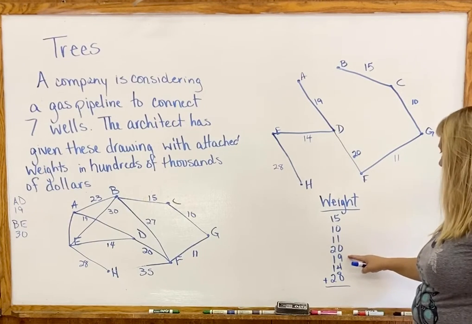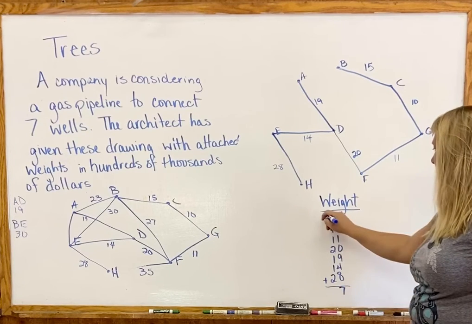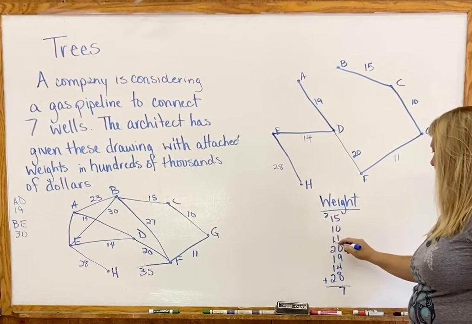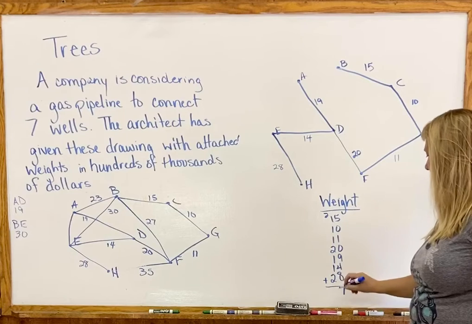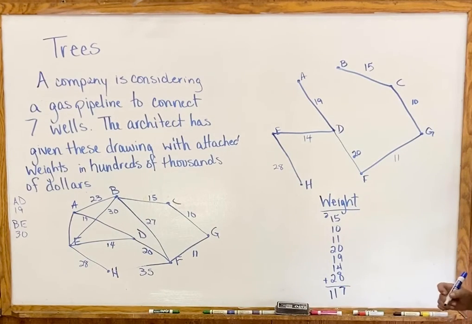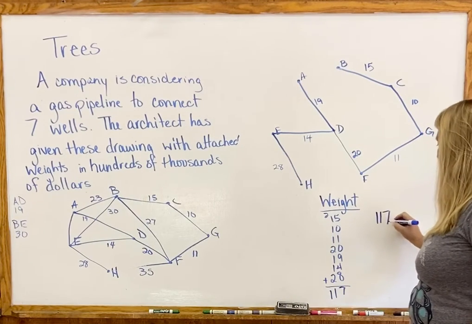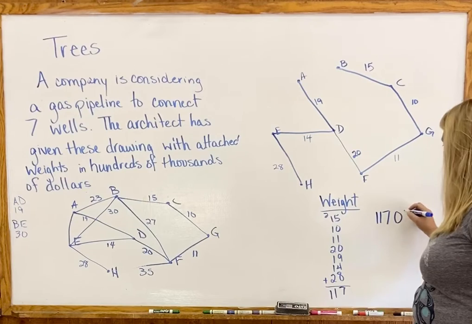So 10, 22, 27, and so on. Okay. So I got 117, but then this is $117,000.